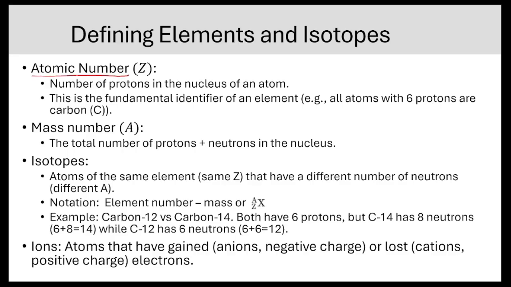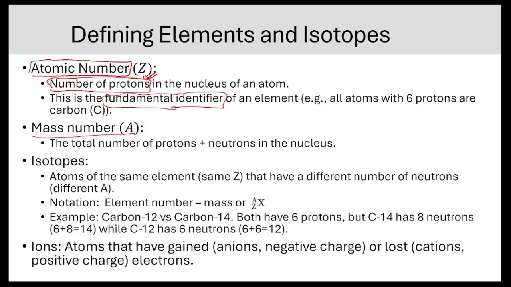First, we have the atomic number, represented by capital letter Z, and the mass number, represented by capital letter A. The atomic number is the number of protons, and it is the unique identifier. The atomic number is unique for each element, and it's the fundamental identifier for an element.